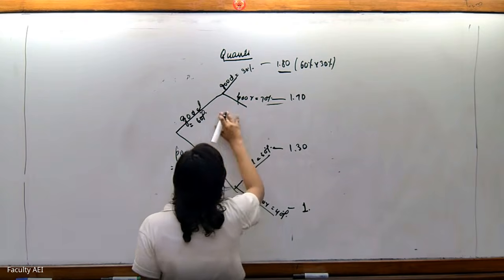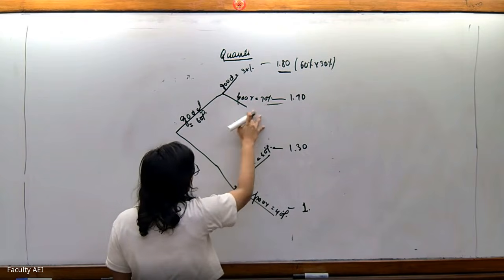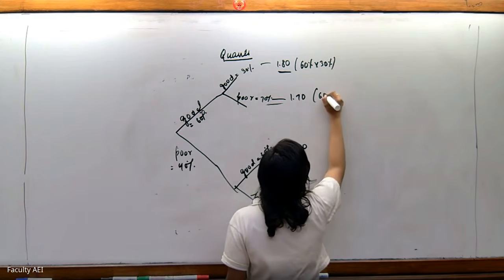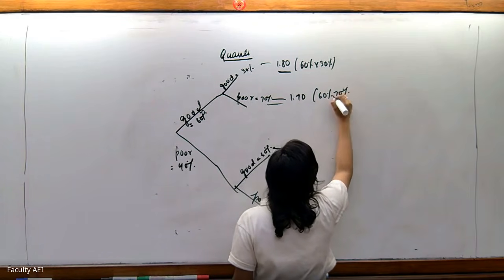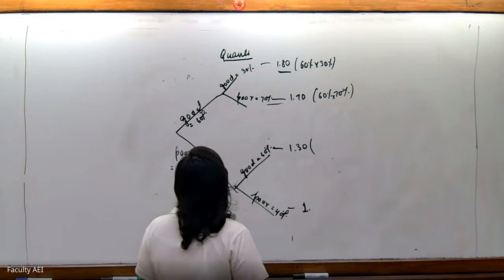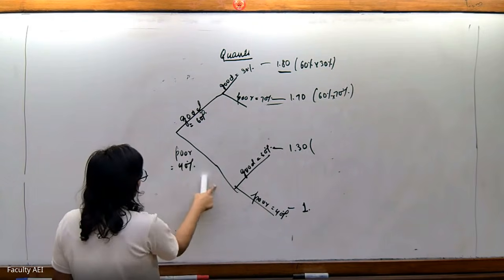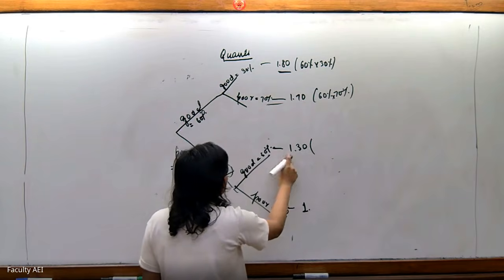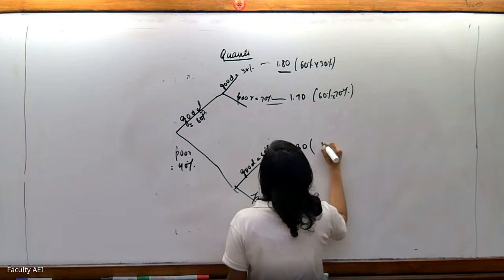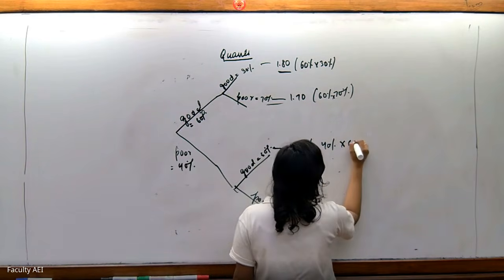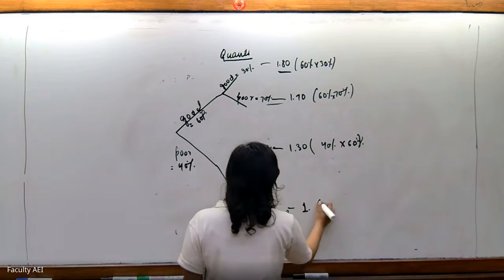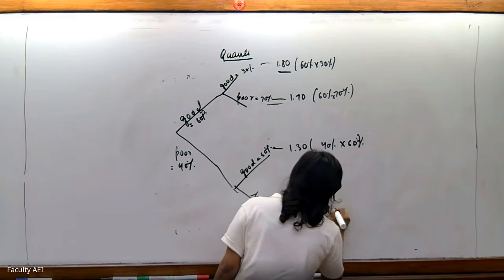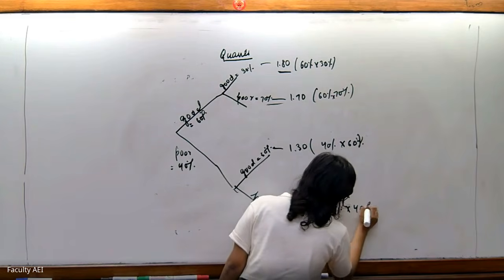Your economy is in a good state and then generates poor returns. That is 60% into 70%. If the economy is in a poor state and then generates good return, the EPS would be 1.30. It is 40% into 60%. The economy is in a poor state and generates poor returns, 40% into 40%.